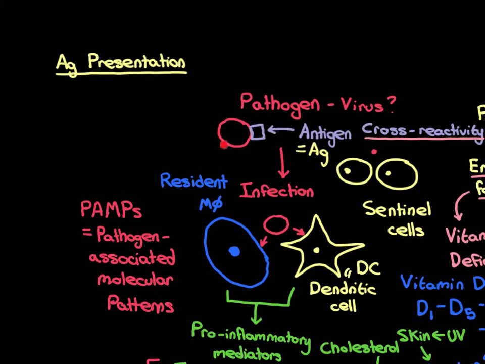Each of these antigens will have a huge number of peptide fragments. You could chop up its antigens in a huge number of different ways, so you can potentially activate a huge number of different clones of T cells against this pathogen.